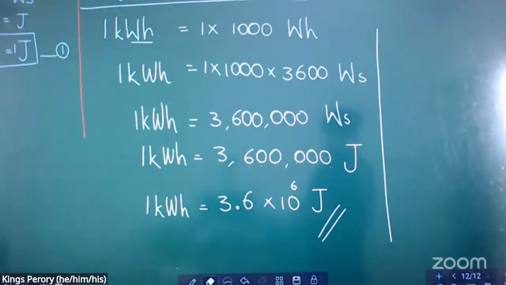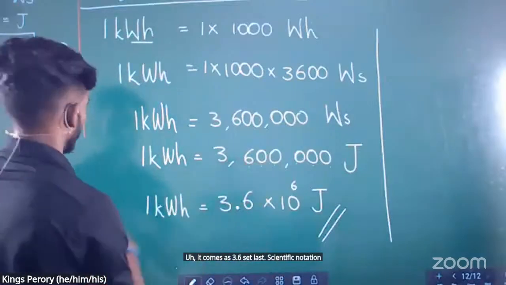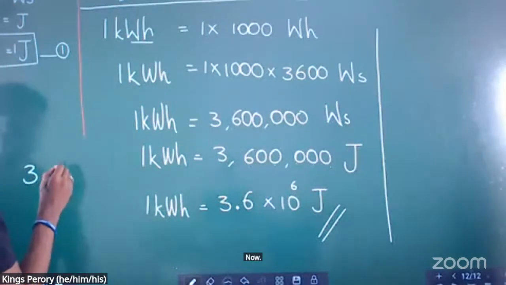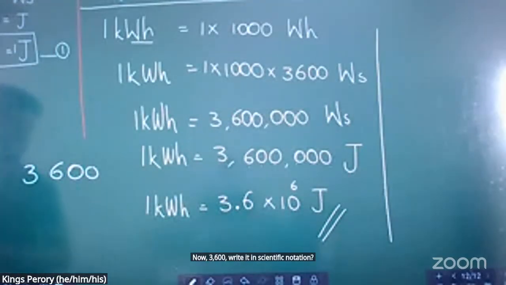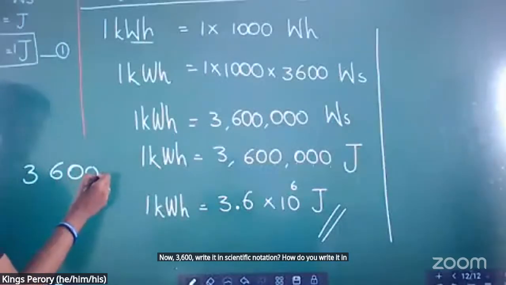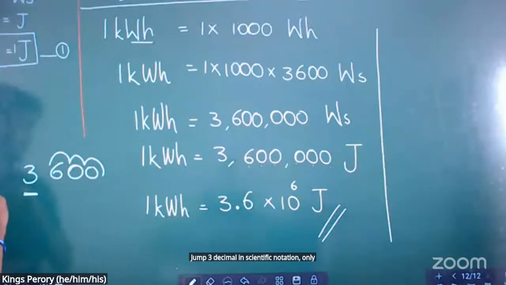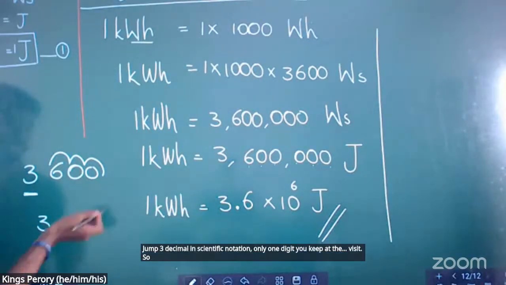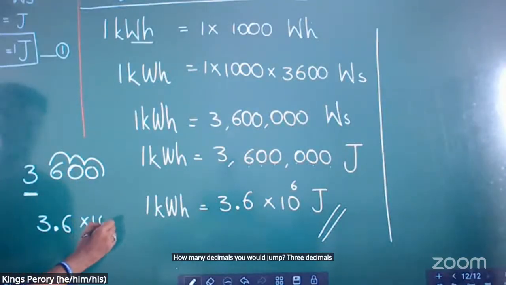How does it come as 3.6 at last? Scientific notation. Now 3600, write it in scientific notation. How do you write it? Jump 3 decimals. In scientific notation, you keep only one digit before the decimal. So 3.6, you jump 3 decimals, so multiply by 10 to the power 3.